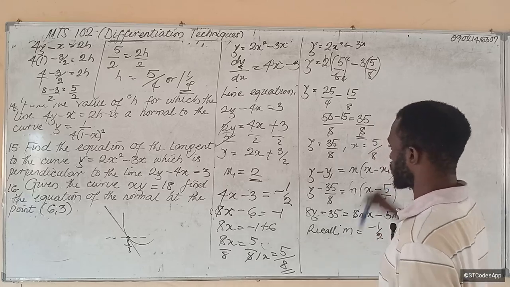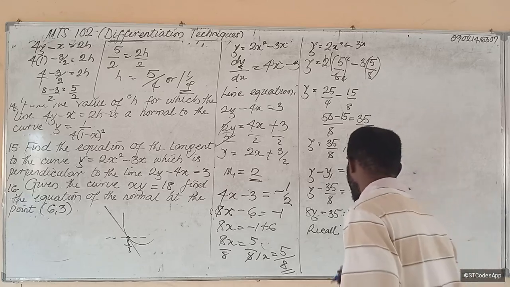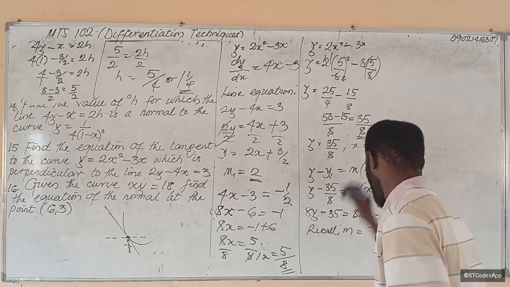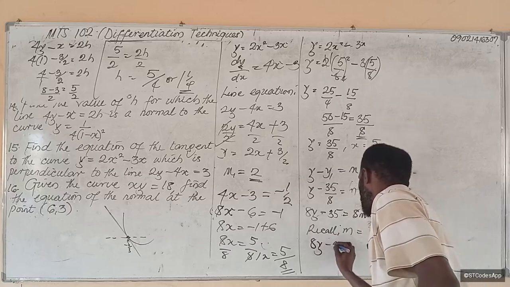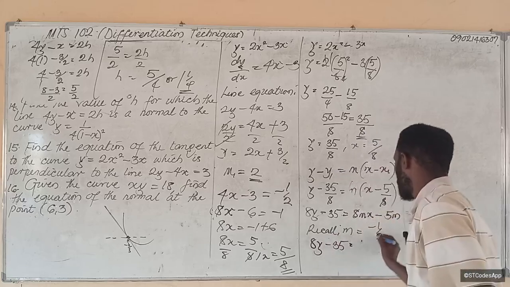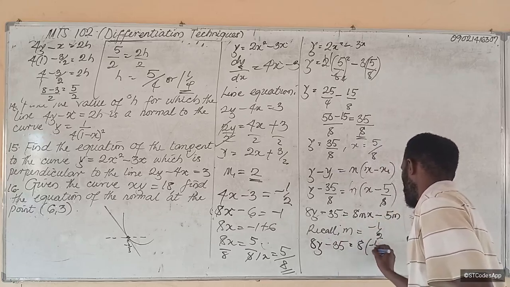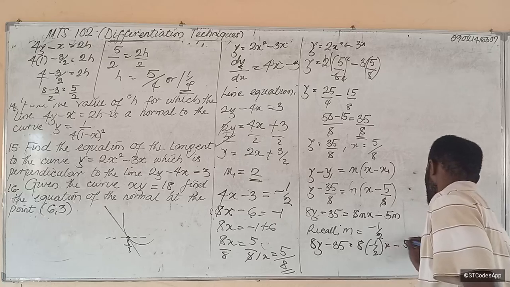So 8y minus 35 will be equal to 8 into bracket minus 1 over 2 times x minus 5 over 8 in bracket.